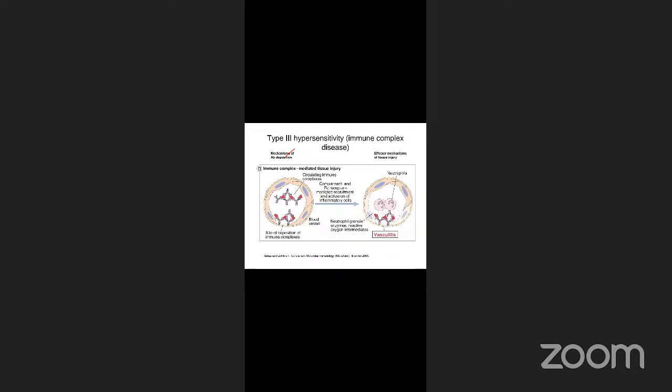You know about these things. In that process, sometimes the target tissue, the tissue where the complexes are deposited, can also be damaged in the removing process, the clearance process. What happens in this situation?